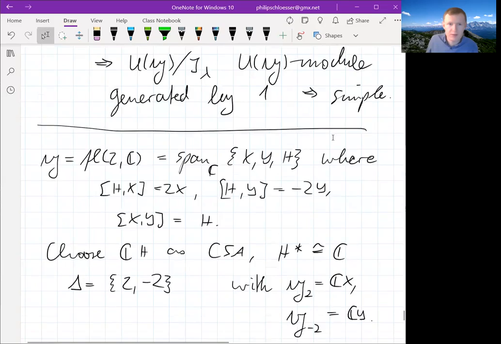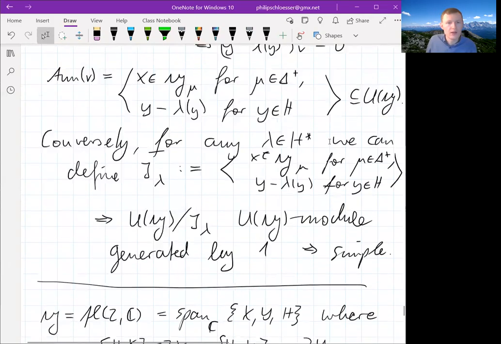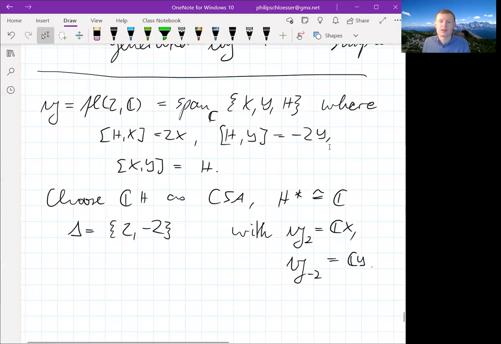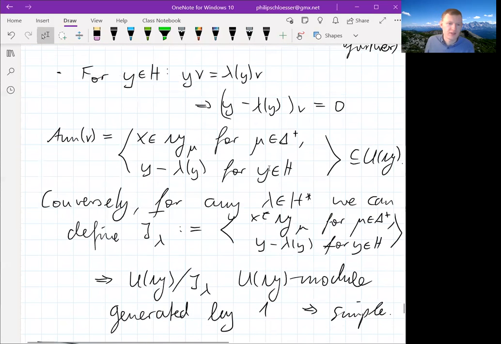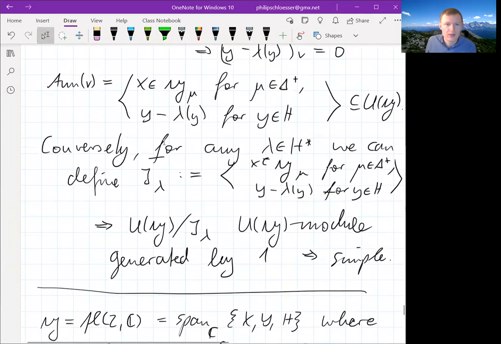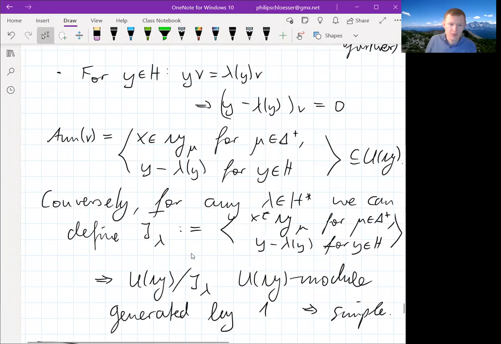I didn't mention that before, but you can define integral weights, and when a weight is integral and dominant, then this representation constructed here is actually finite dimensional.